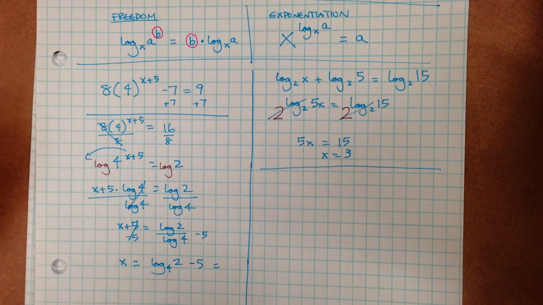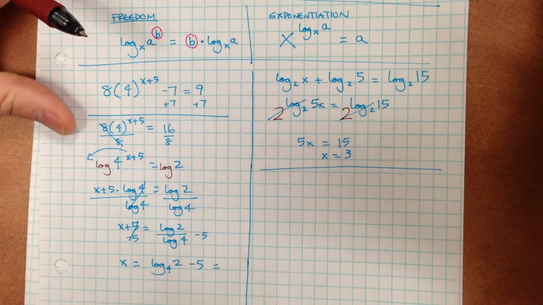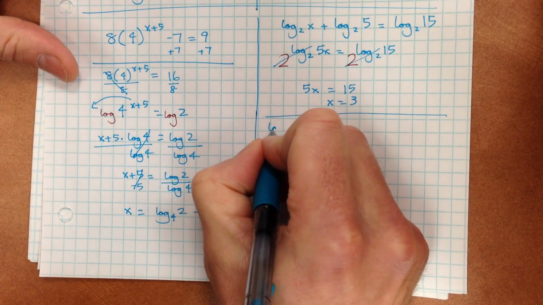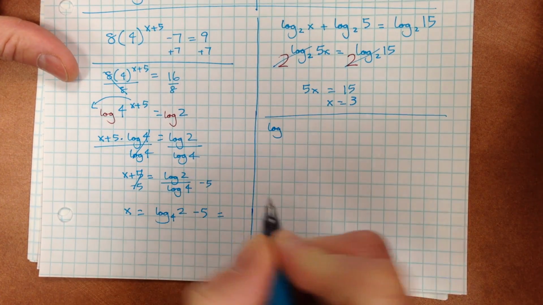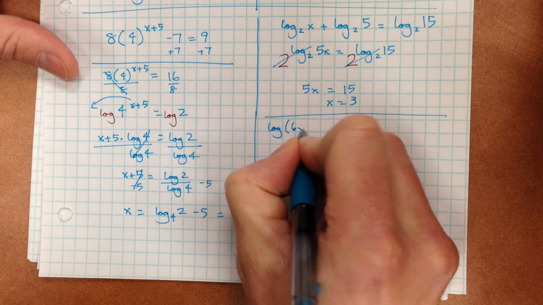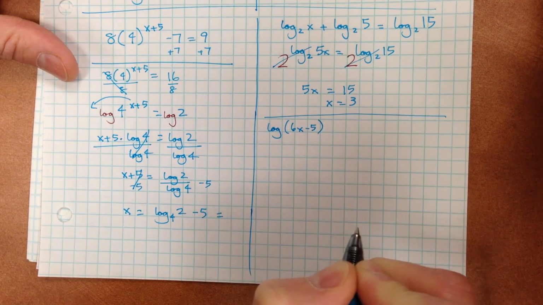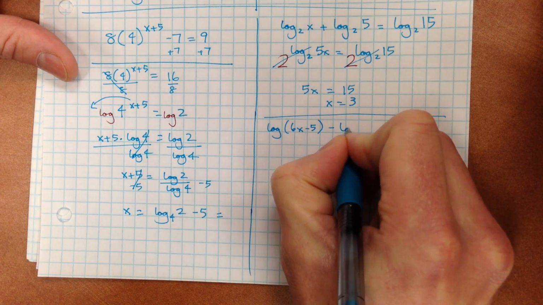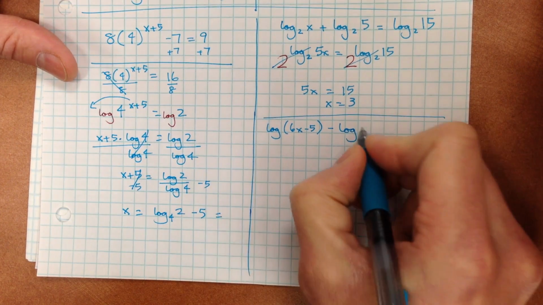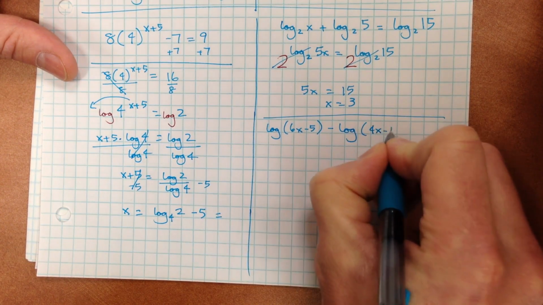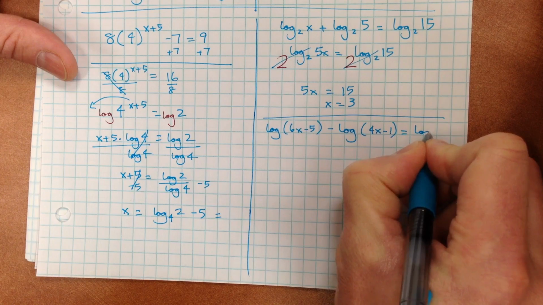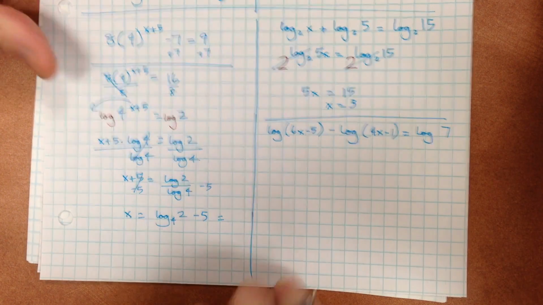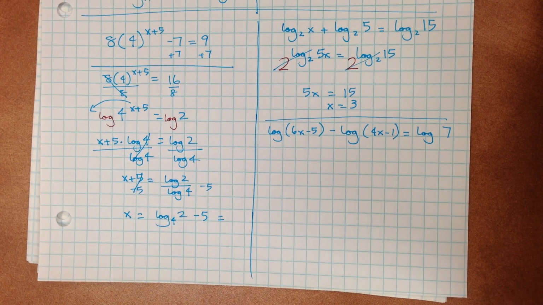Something very, very similar to that. How about log base 10 of 6x minus 5 minus log base 10 of 4x minus 1 equals log 7. Alrighty.